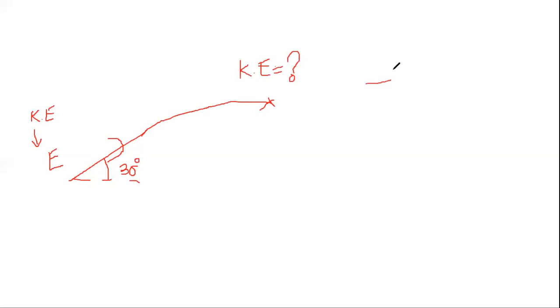Give in terms of E. At the beginning, the kinetic energy is E. When you go to the top, how many E? Is it half E? Is it quarter E? Is it 0.2 E? I want the number.